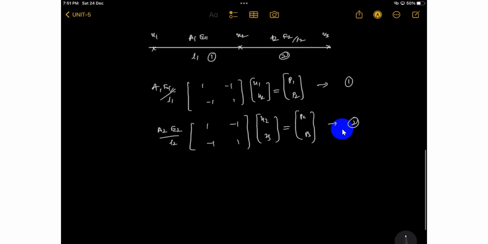Now comes the global matrix. How can you get it? Just add these two equations, since this is also p2 and this is also p2.